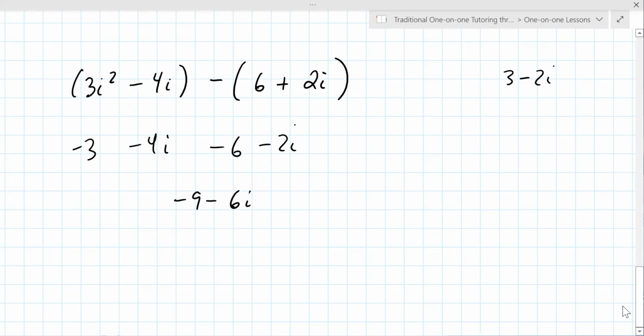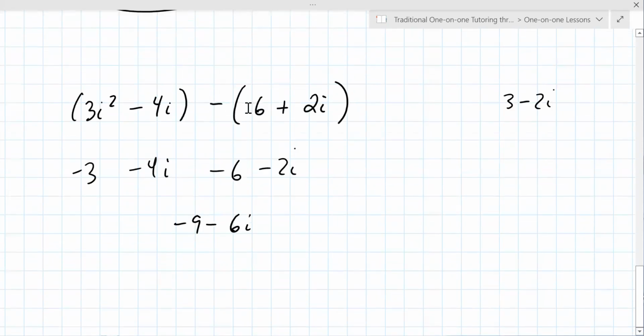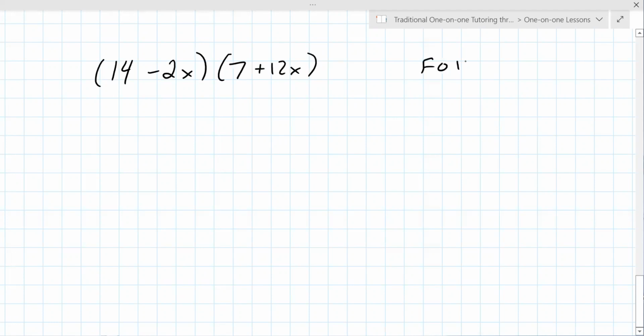All right, so let me give you something else related to this. Sorry, I went too fast. Do you want to get that down or not? The other thing you will have to reasonably be able to do here, I'll give you a related question. Let's say I asked you to FOIL this pair of binomials.